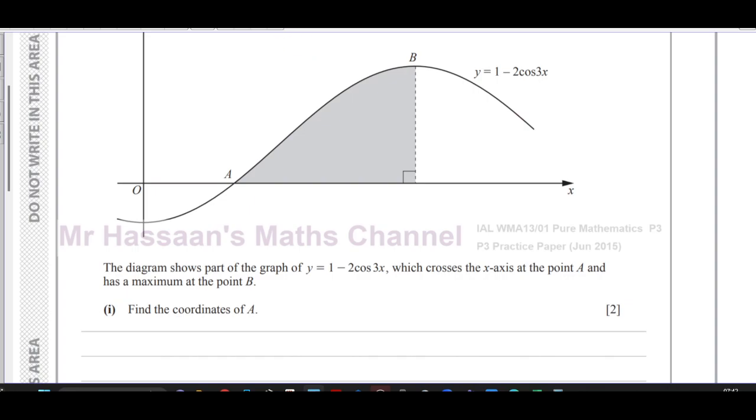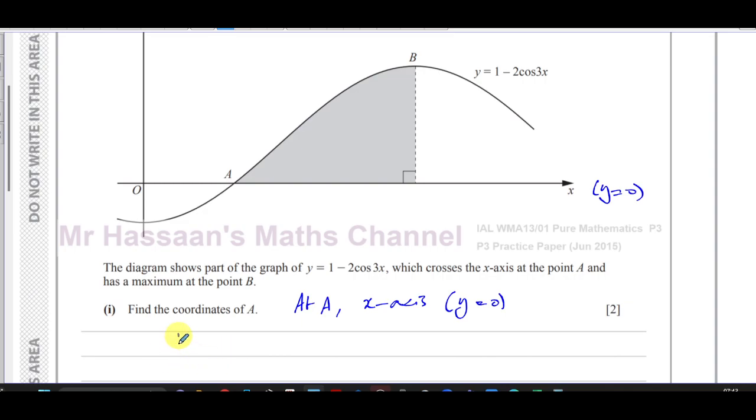Now we can see that at A, it's crossing the x-axis, and we know on the x-axis, y is equal to 0. The x-axis is the line y equals 0. If I replace the y with 0 in the equation and solve for x, it will give me the place where the curve crosses the x-axis.